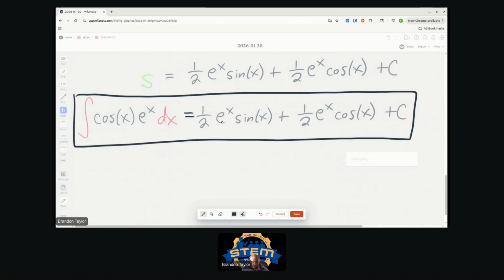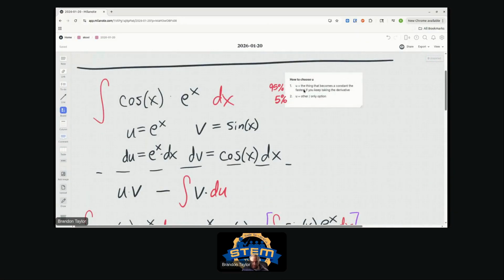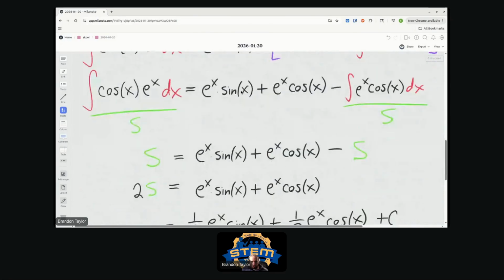So to summarize, neither of these works, so remember our typical rule breaks down, the thing that usually works breaks down here. If we keep taking the derivative of either of these, if we set either of these equal to u, they will never equal a constant. So we just pick one or the other.